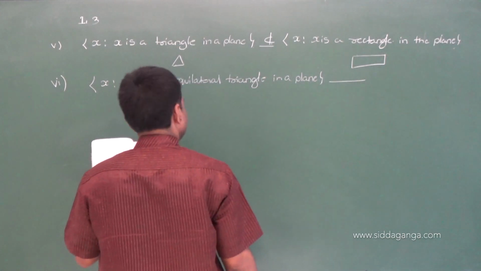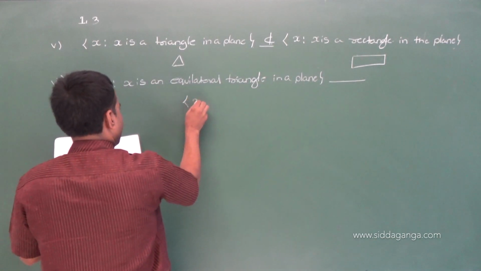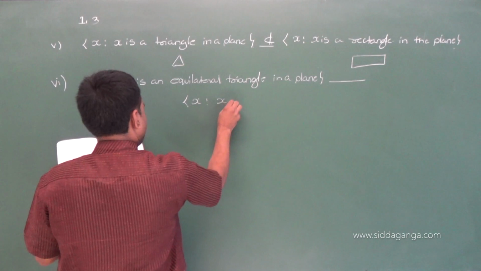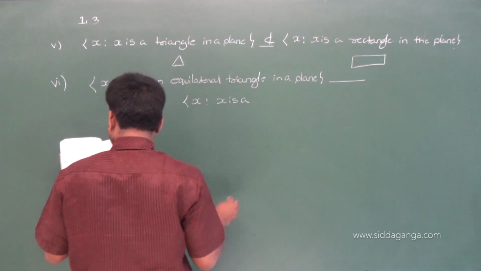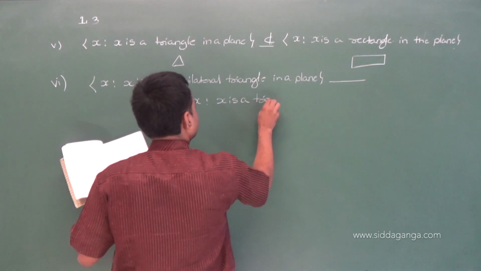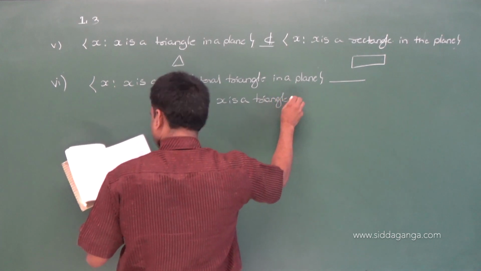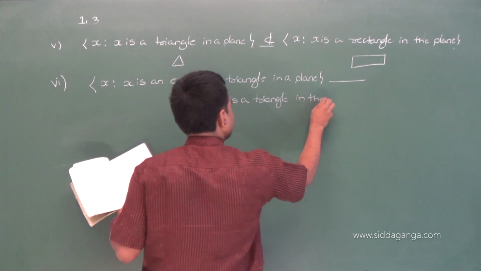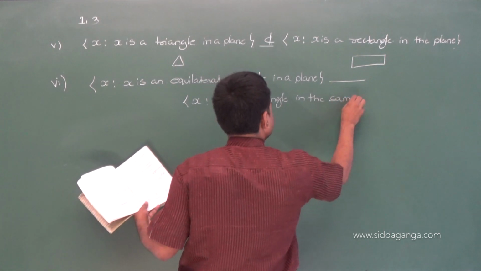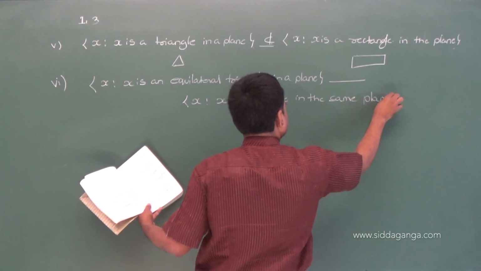Dash right below: X such that X is a triangle in the same plane.